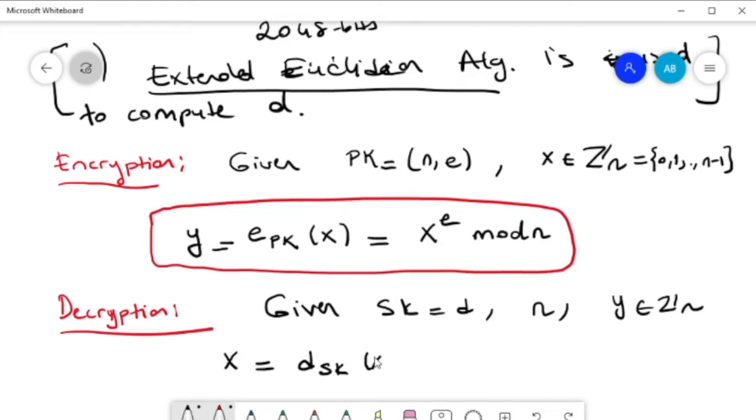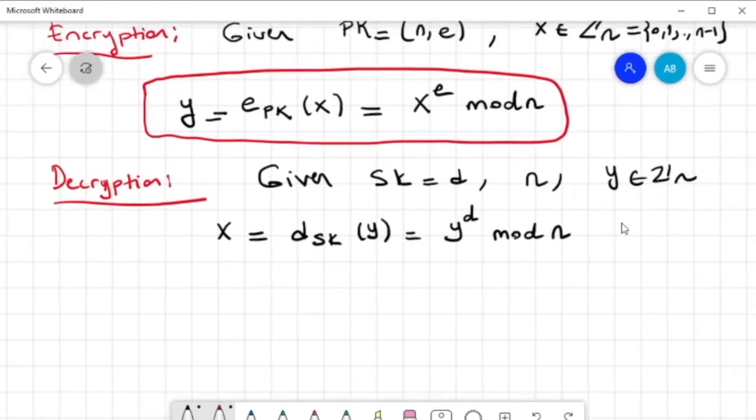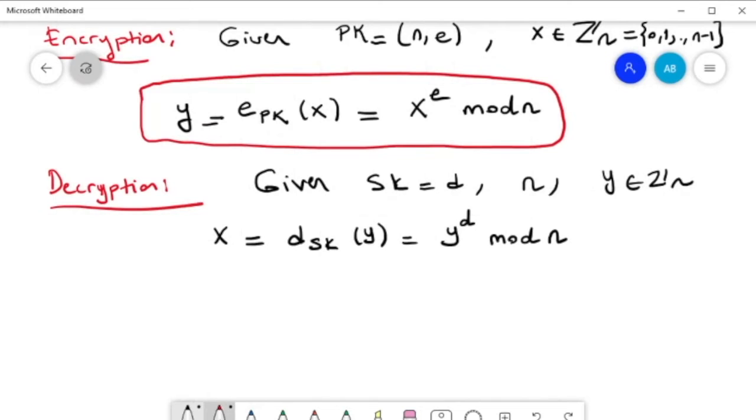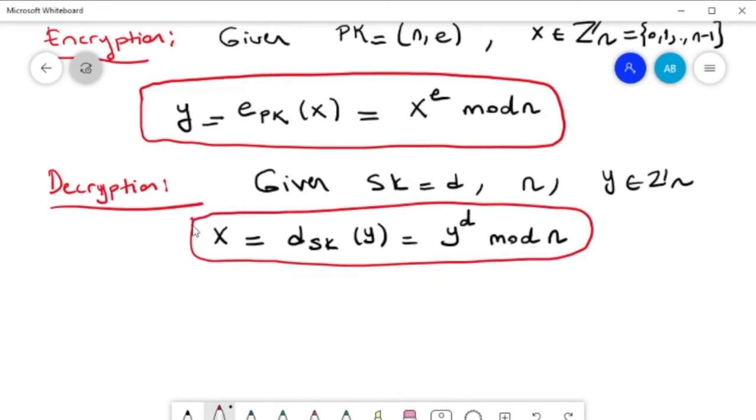We decrypt the ciphertext by computing y to the power d modulo n. So this is the decryption function you need to know for RSA. This is encryption and decryption. It's very simple. These are important.